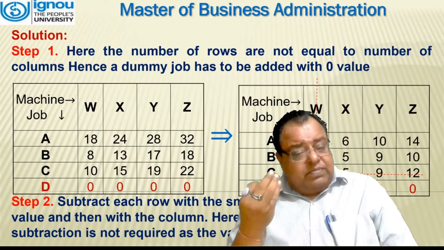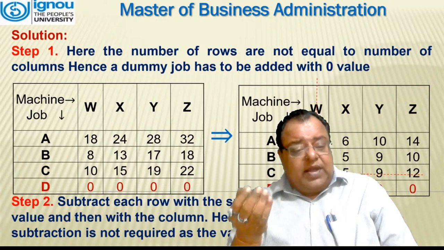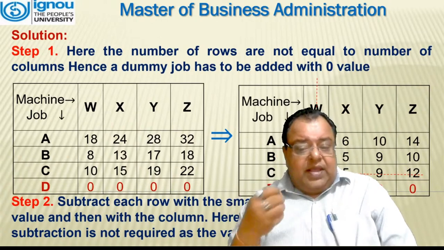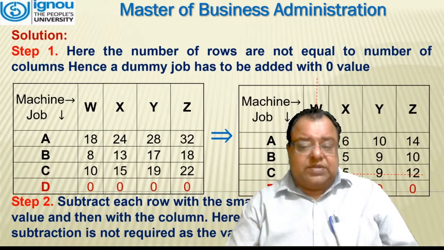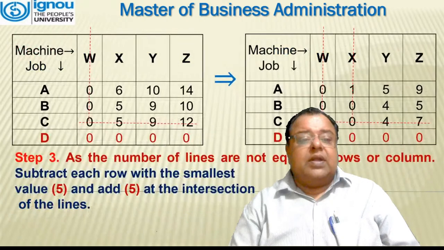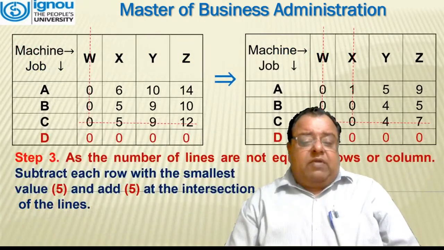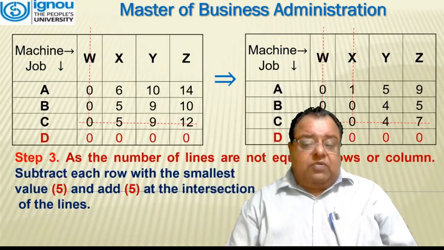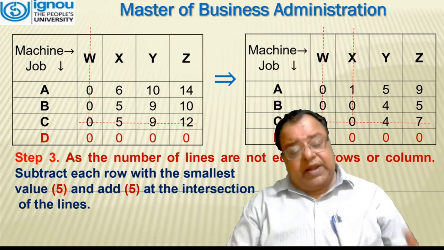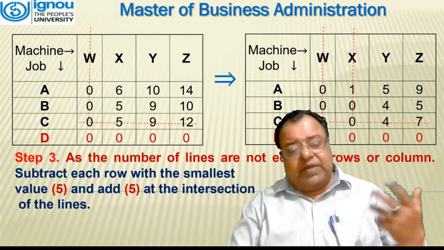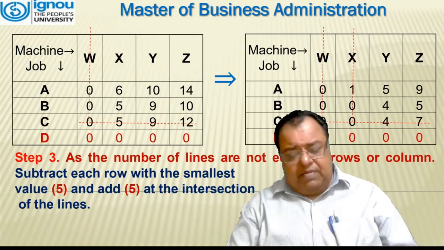Subtract from each row the smallest value and then do the same with the columns. Here, column subtraction is not required as the value is 0. As the number of lines are not equal to number of rows or columns, subtract the smallest value 5 and add 5 at the intersecting lines, what we have been doing in our earlier problems.